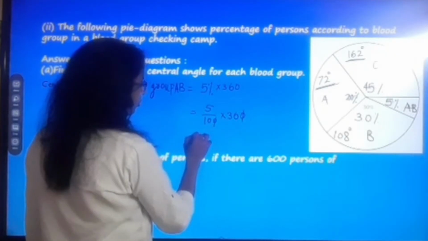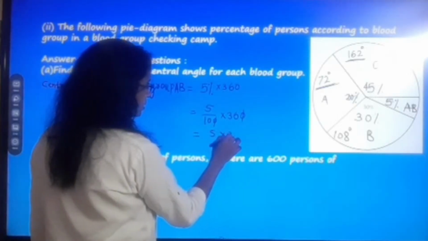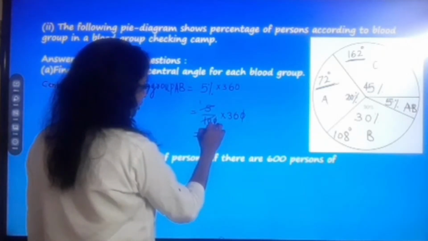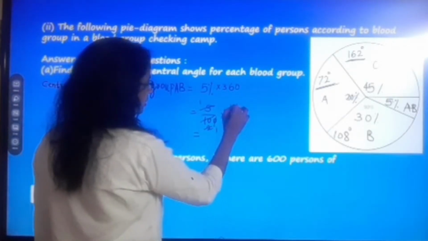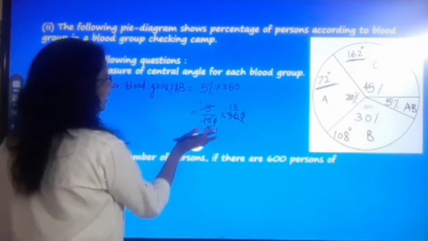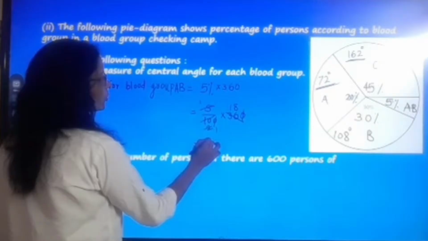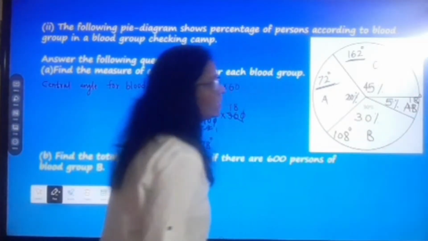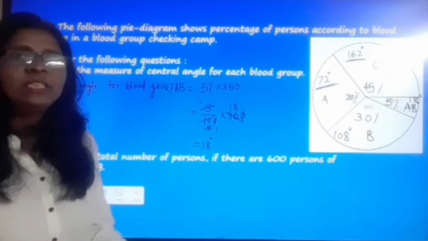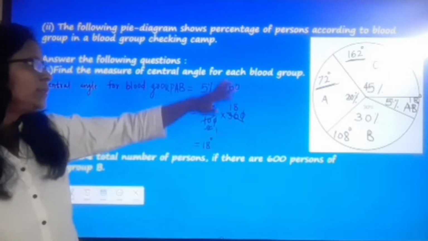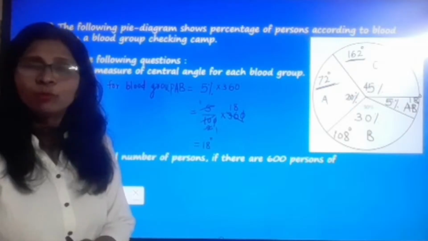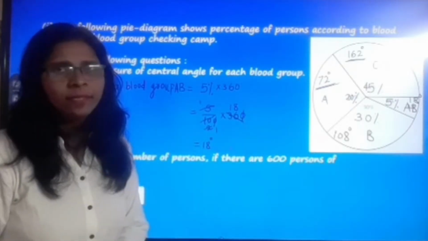So the zeros get cancelled. 5 multiplied by 36: 5 sixes are 30, 5 threes are 15, so 180, divided by 10 gives 18 degrees. Okay, so here I write down 18 degrees. This way, with the help of this formula, we can calculate the central angle.